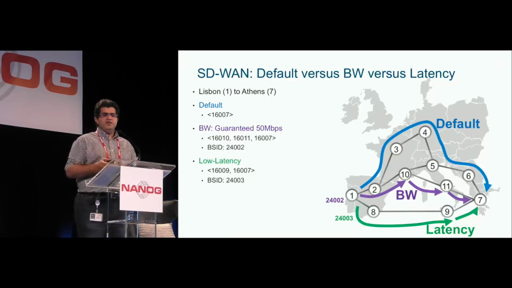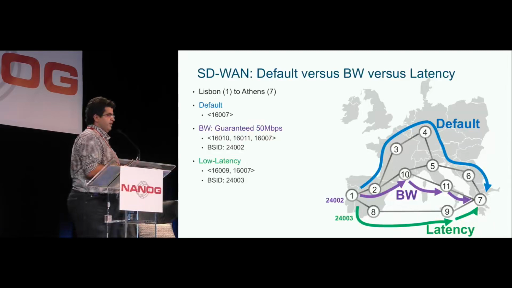So in this particular case, we have a label stack using SR-MPLS, which has been pre-computed, and one of the label stacks is 16007, which is default routing. The BGP best effort, just taking the packet from one point to another point, and that's the LSP label. You have another label stack, which is providing you the bandwidth guarantee.